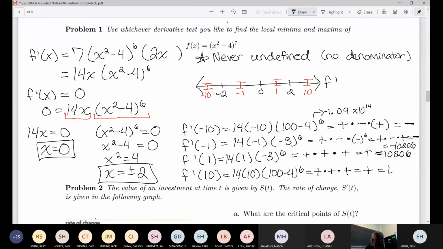Yep, positive 1.09 times 10 to the 4th. So at negative 10, we had a negative, and then a negative, and then a positive at positive 1, and a positive at 10. So we're decreasing, decreasing, increasing, increasing.